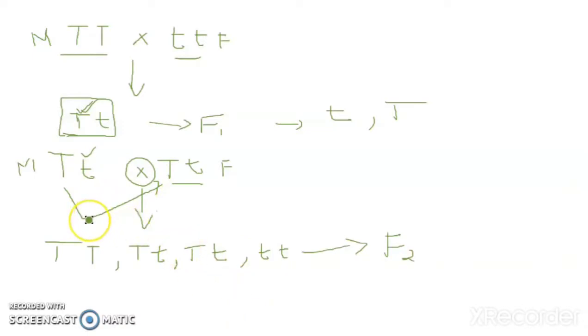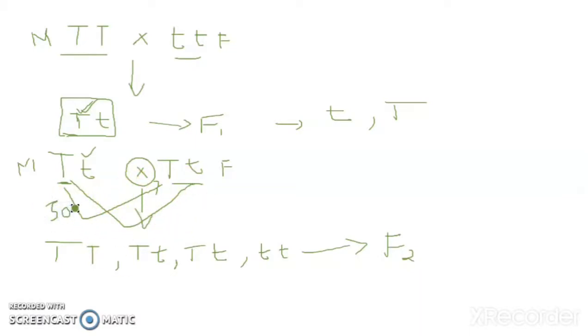So when fertilization takes place, the pollen grains of genotype capital T have a 50% chance to pollinate eggs of genotype T as well as genotype small t. This capital T can either fuse with the capital T of the female or with the small t of the female. So a 50% chance is there for this.